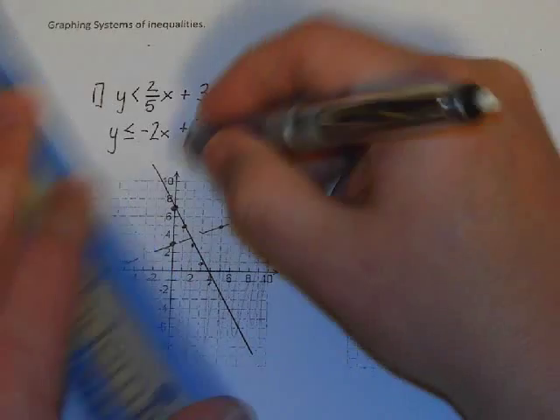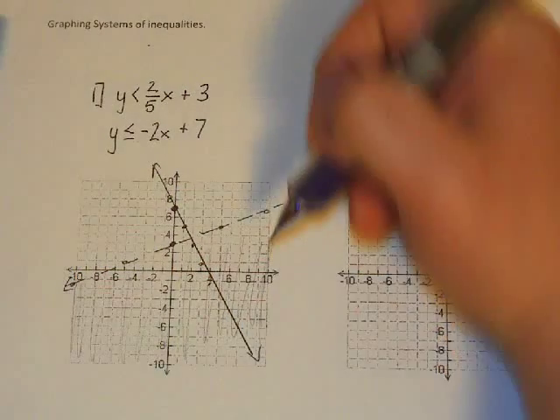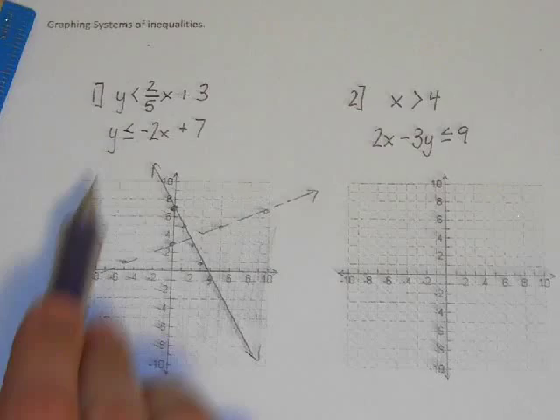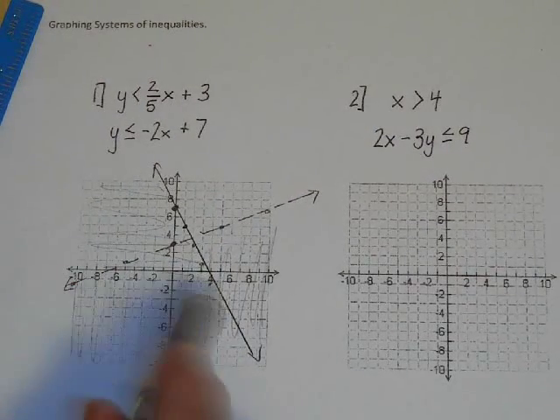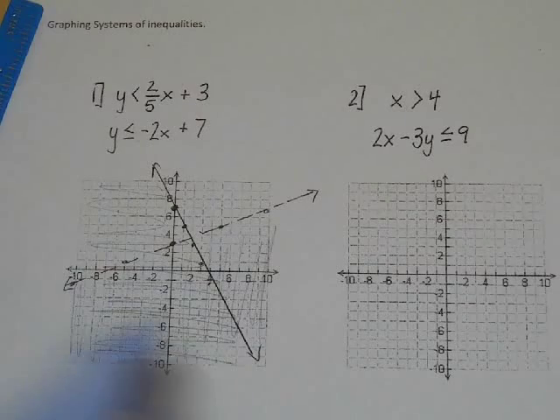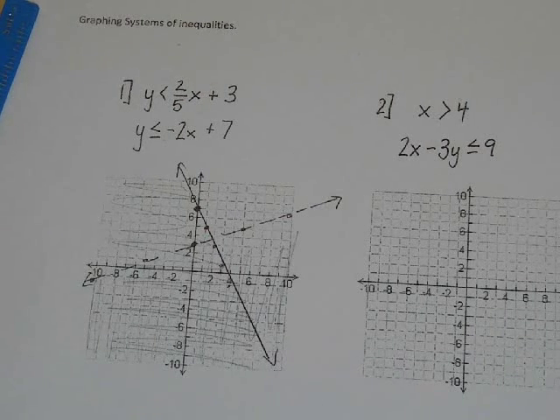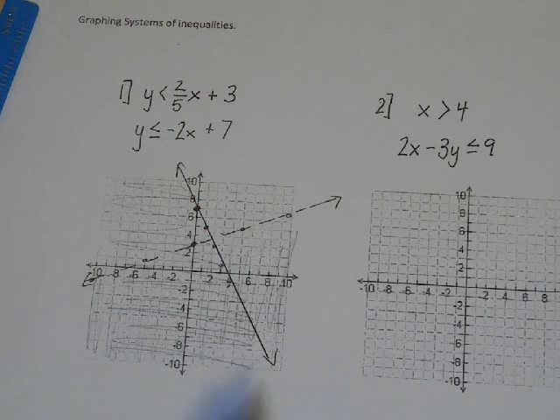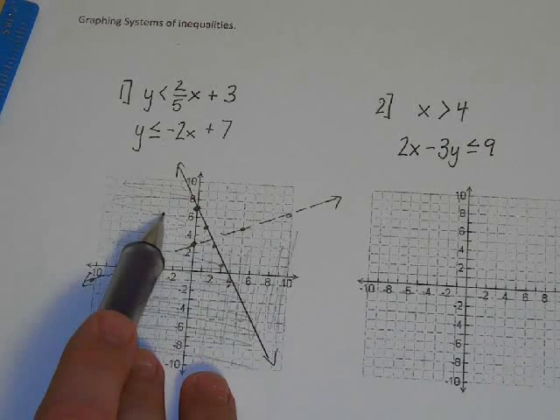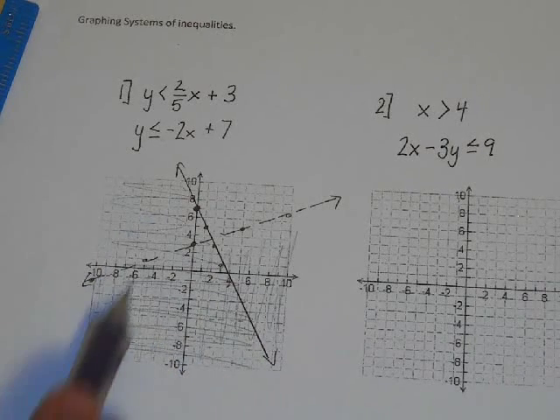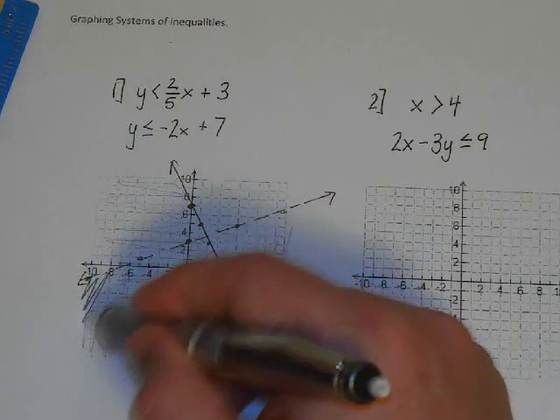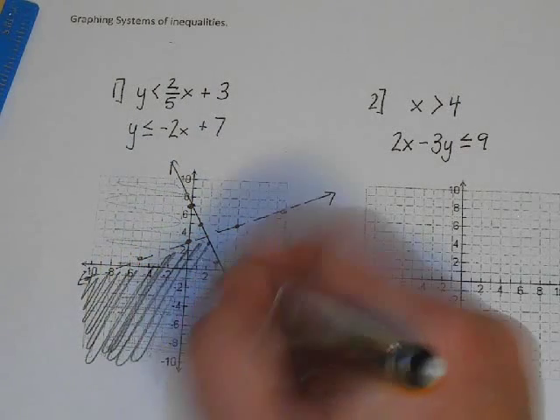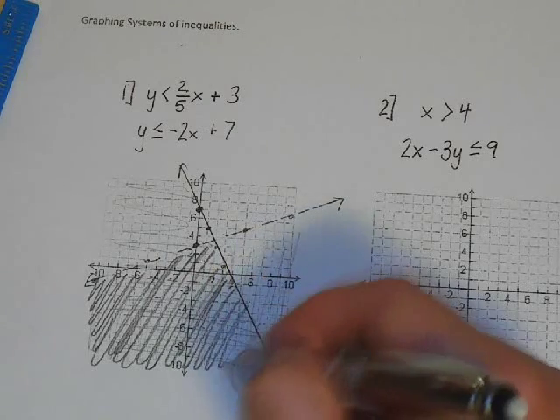And here it's also less than, so I'm going to shade below the line. Once again, I'm shading lightly. Now, I use different patterns for the two inequalities, which makes it easy to see where they overlap. Then where they overlap, we're going to want to make that noticeably darker than the other two regions. So this part right here would be the solution to that system of inequalities.